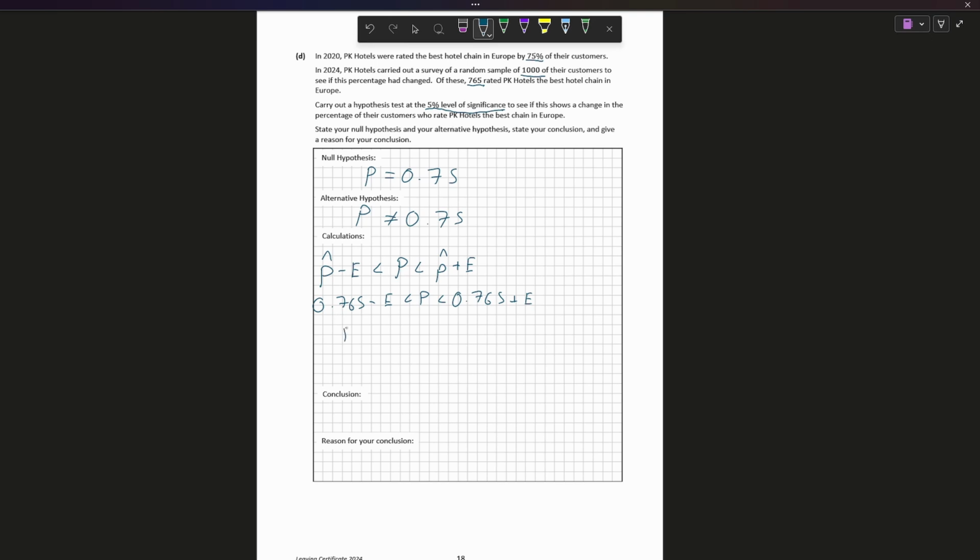In order to get E, firstly, the square root of P times 1 minus P, all over N. This will give us an error, but it's not very specific as to how big the error is. So we want the error to be 2 deviations, and that is 1.96. It's almost 2 deviations. I need 95% of the data to lie inside of this piece here.